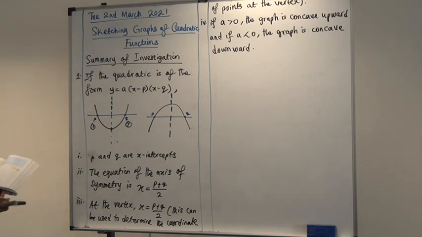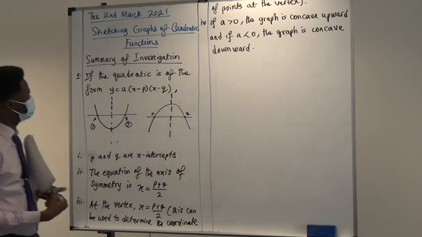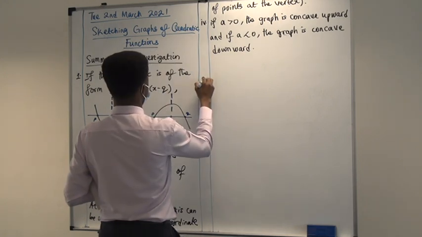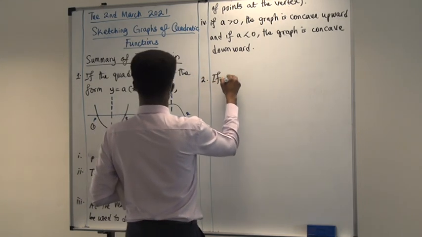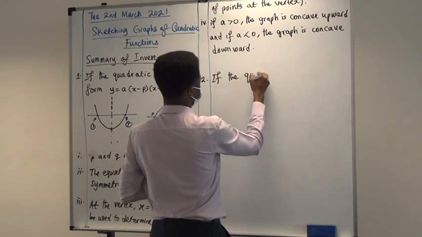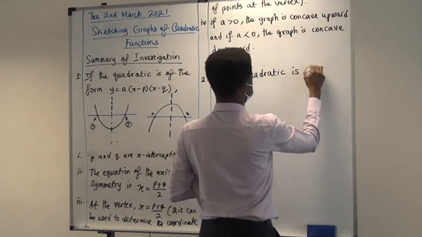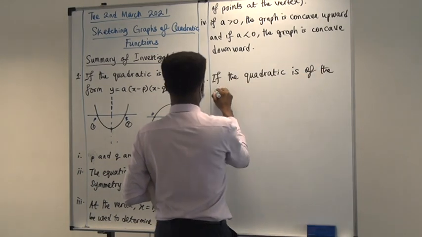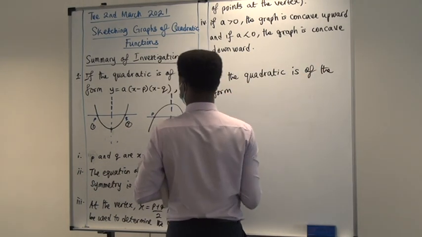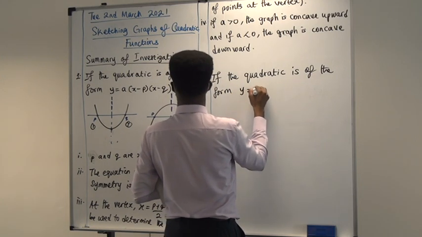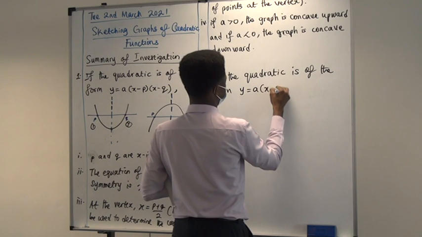So the second one, if the quadratic is in the form of a perfect square, of the form y equals a into brackets x minus b squared.